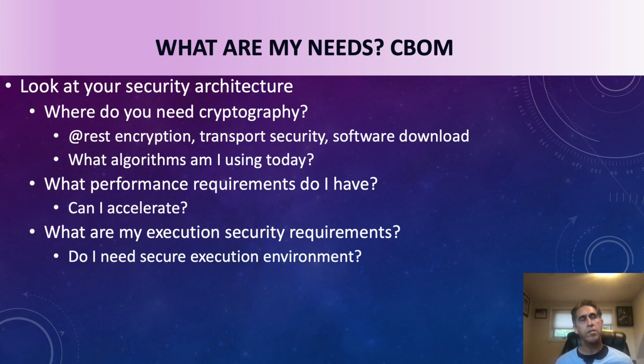So these are instances when you know you need cryptography. Now you say, okay, what are the algorithms that I'm using in each case? And then, what performance requirement do I have? And I just mentioned the case of Peloton. And can I use hardware to accelerate performance?